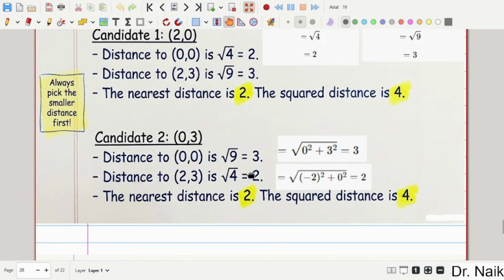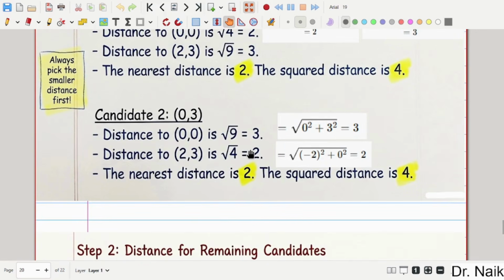Similarly, compute the distance of our second candidate, (0, 3), from our first mu (0, 0); it is 3, and its distance from our second mu (2, 3) is 2. The nearest distance is 2. Square it, it becomes 4.